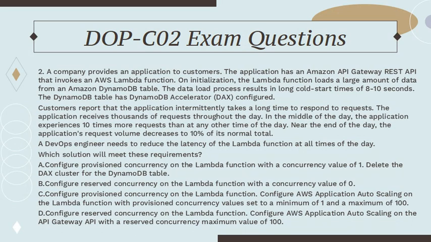Configure AWS Application Auto Scaling on the Lambda function with provisioned concurrency values set to a minimum of 1 and a maximum of 100. D. Configure reserved concurrency on the Lambda function. Configure AWS Application Auto Scaling on the API Gateway API with a reserved concurrency maximum value of 100.